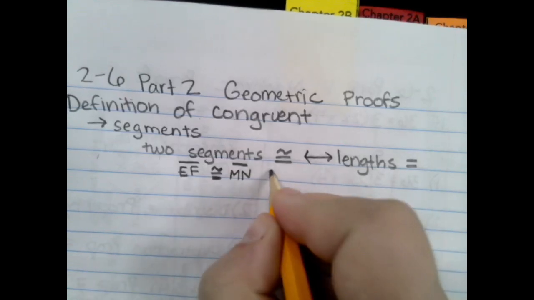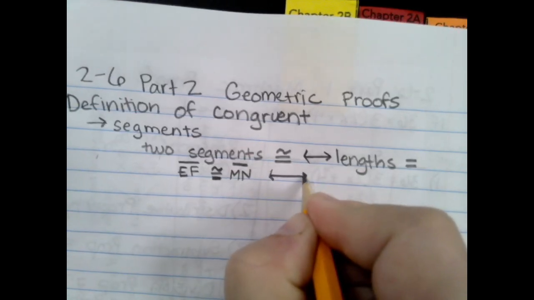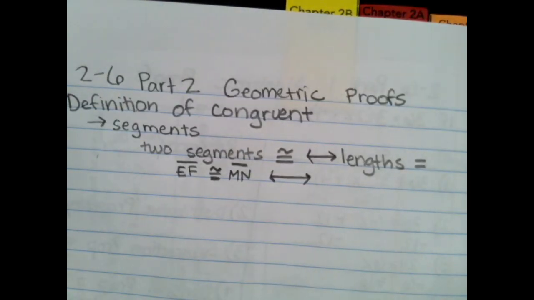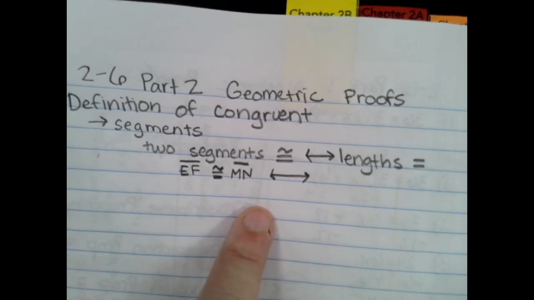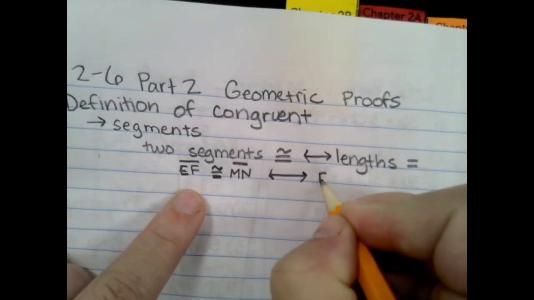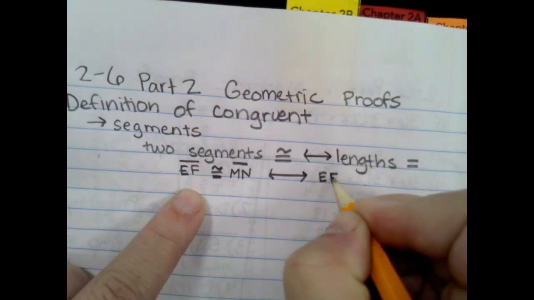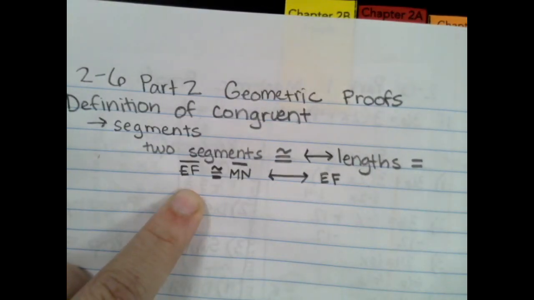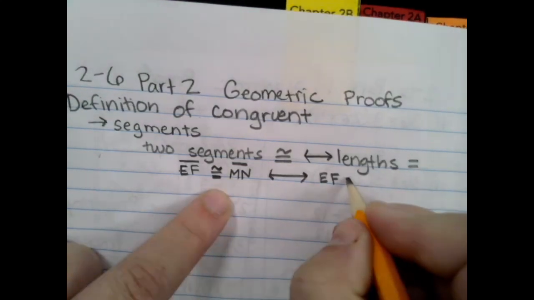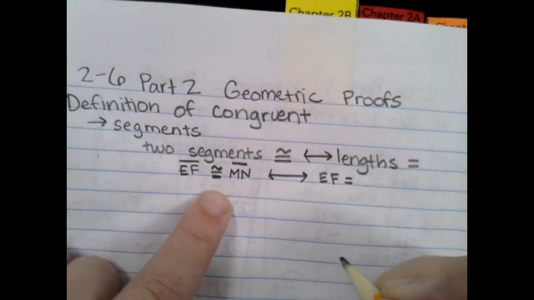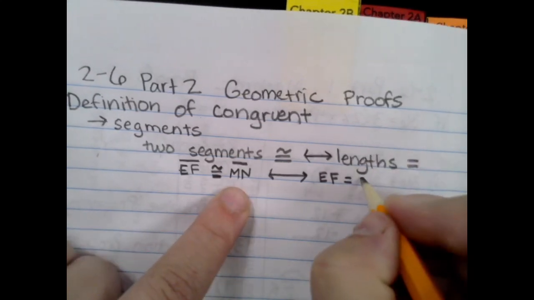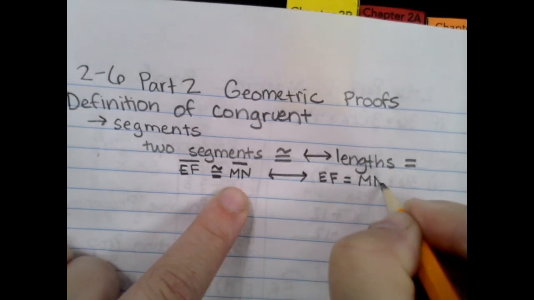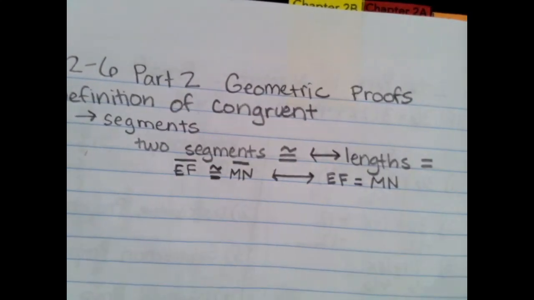So if we're given that, what we can switch it to is, instead of saying segment EF is congruent to segment MN, we can just say EF, and for that distance, we get rid of the segment sign. We say from E to F, and we're going to switch it to an equal sign. Equals. And then instead of a segment MN, we just say from M to N, that distance, that length.